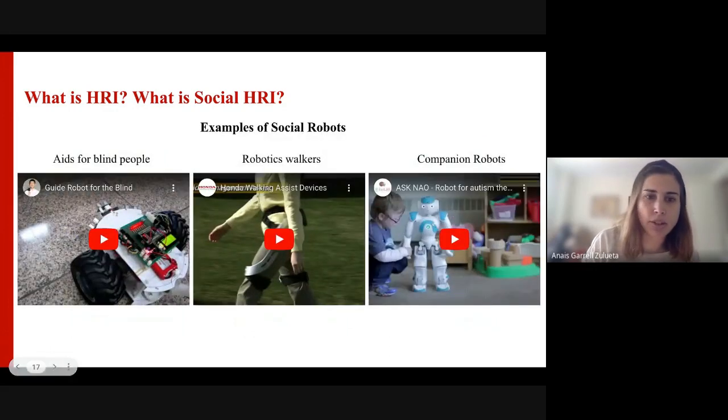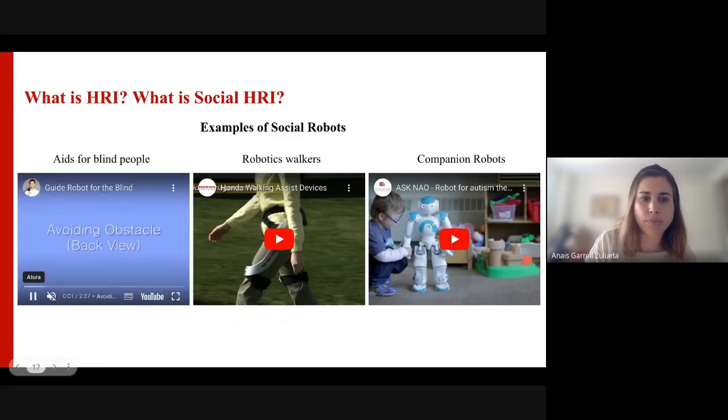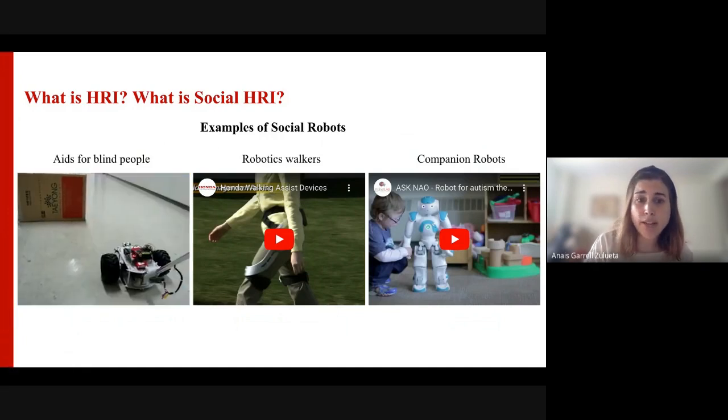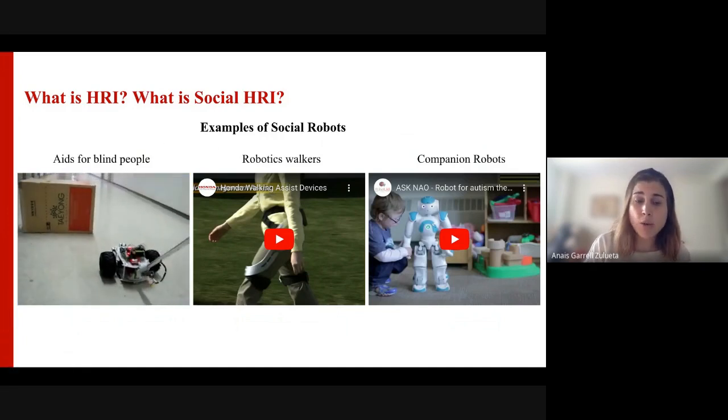Some examples, because sometimes people's mental model about human-robot interaction is having a robot and a human talking, but there are other examples. For instance, this is a robot that helps blind people to walk. Here the communication is done basically with this stick.